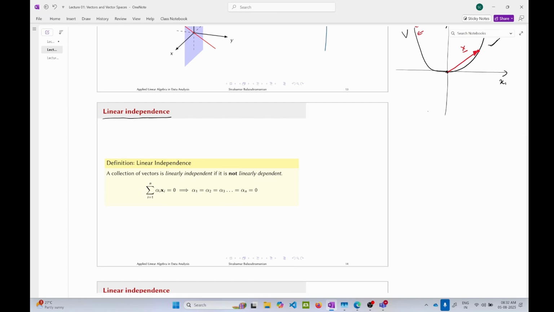The definition is again a little weird, but the geometric intuition is relatively easy to grasp. Vector space and subspace are properties of sets. Linear independence is a property of a set of vectors. So this is linear independence. You should remember it's a property of a set.